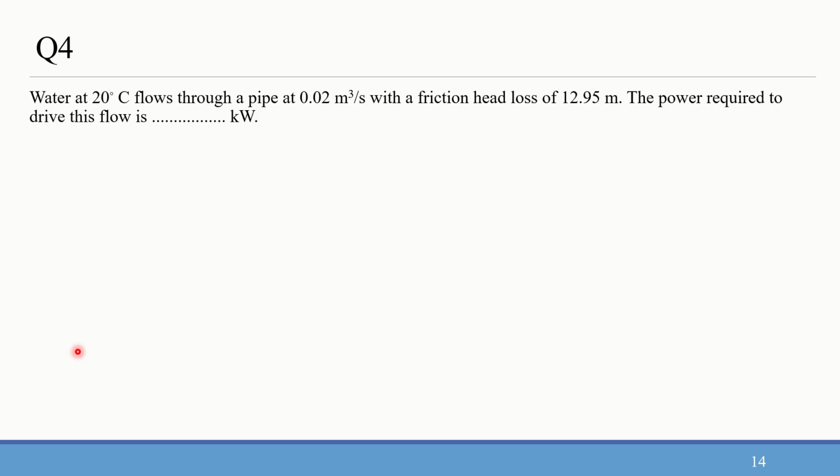Now we'll go to question 4. In question 4, what is asked? Water at 20 degrees Celsius flows through a pipe at 0.02 meter cube per second with a friction head loss of 12.95 meter. The power required to drive this flow is dash kilowatts.